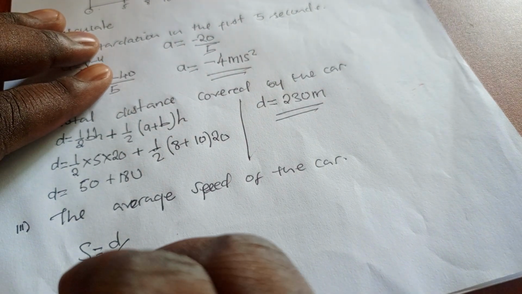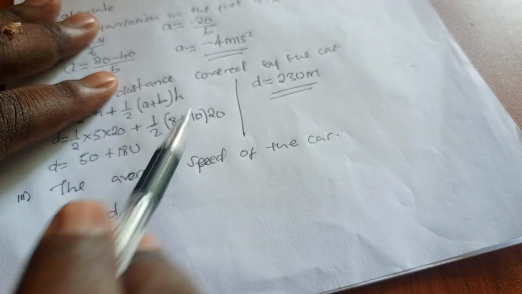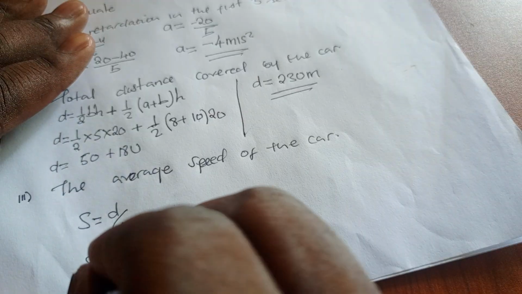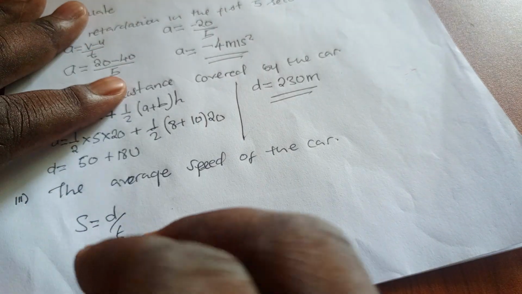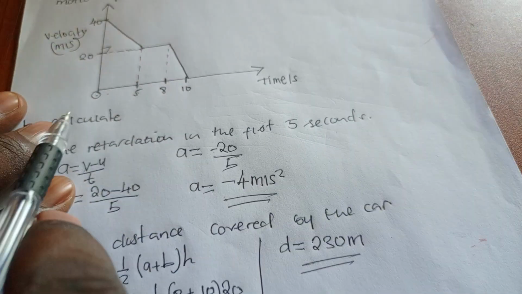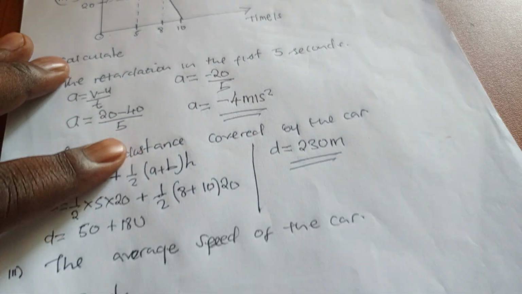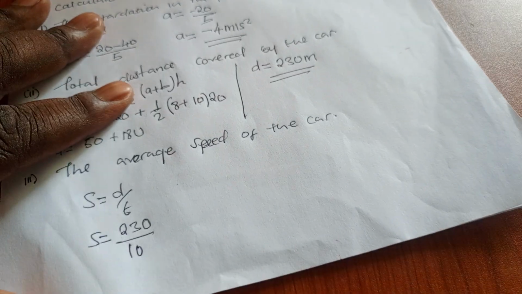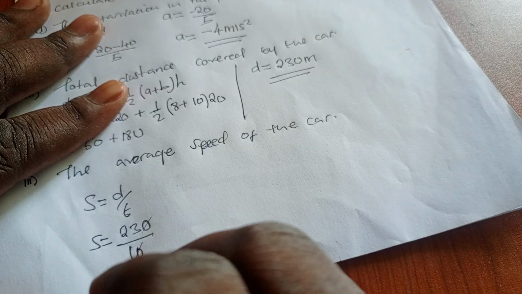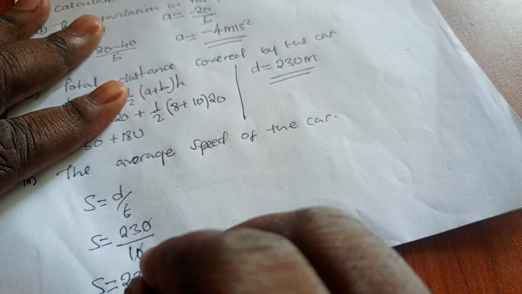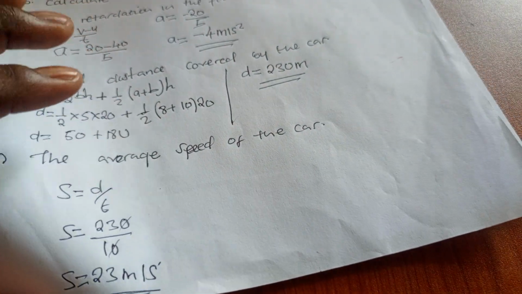The distance calculated is 230, and the time taken is 10 seconds. So speed is equal to 230 over 10, which is 23 meters per second. This would be the final answer for the last part. Thank you very much.